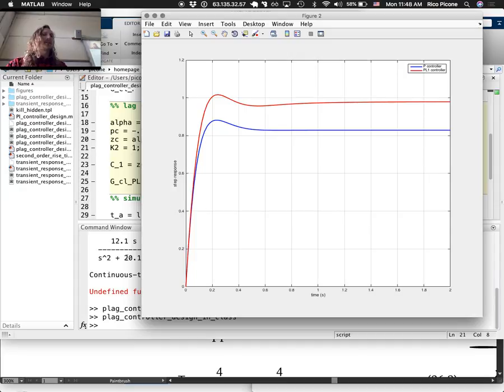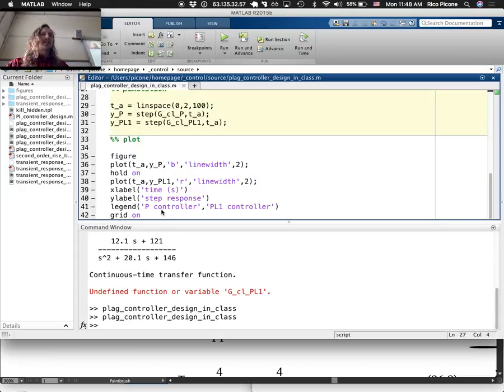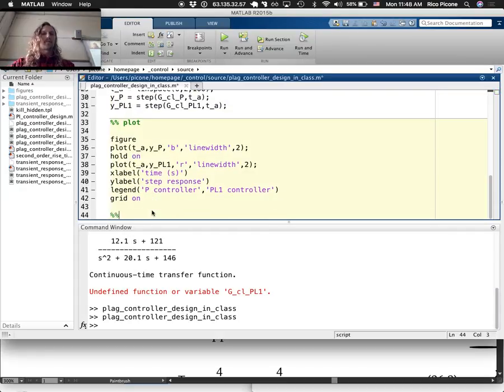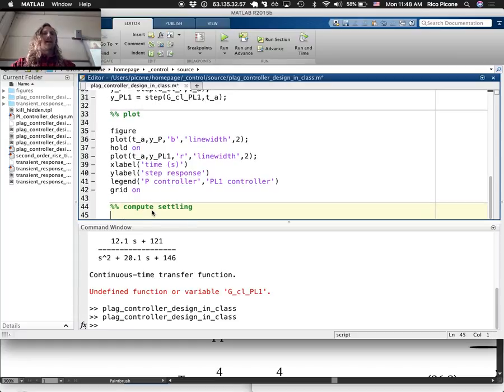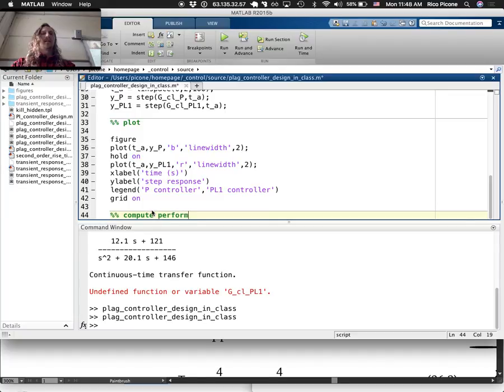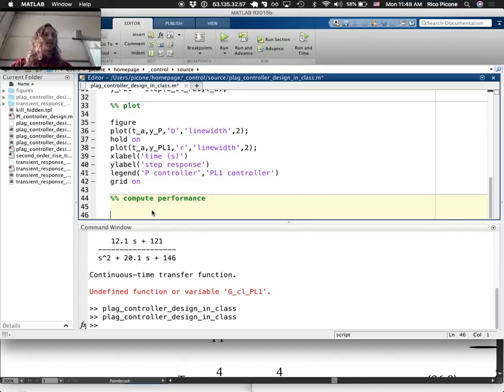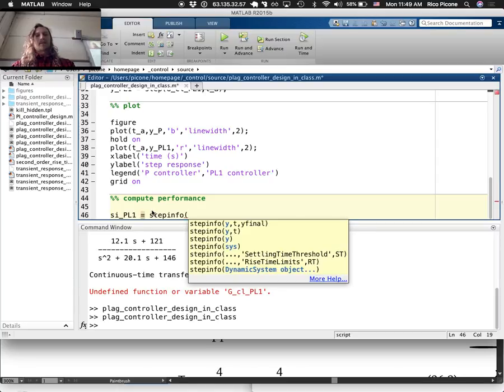So let's start to actually compute settling time, and we'll also compute the steady state error. Computing the settling time is easy to do with step info, right? If we use step info and give it the step response, we're interested in PL1.